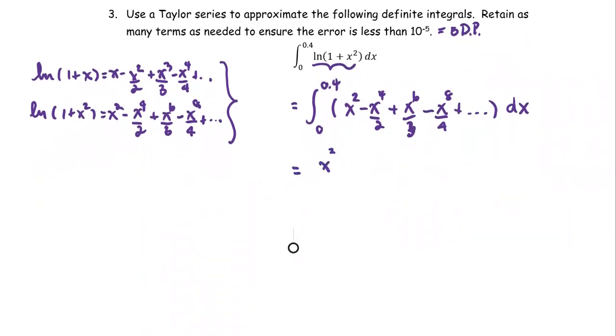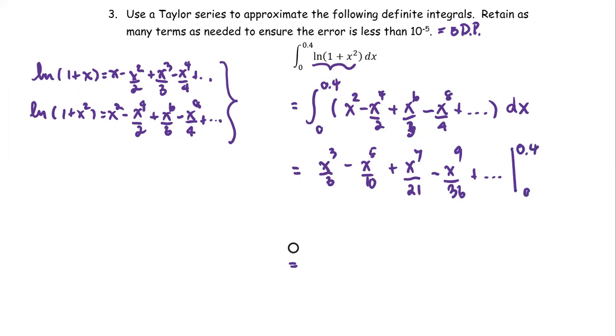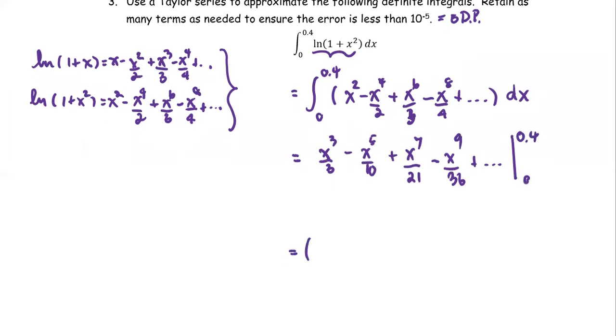The first term we get x to the third over 3, second term x to the fifth over 10, next x to the seventh over 21, and then x to the ninth over 36, and so forth, evaluated from 0 to 0.4. We place the 0.4 into each x.